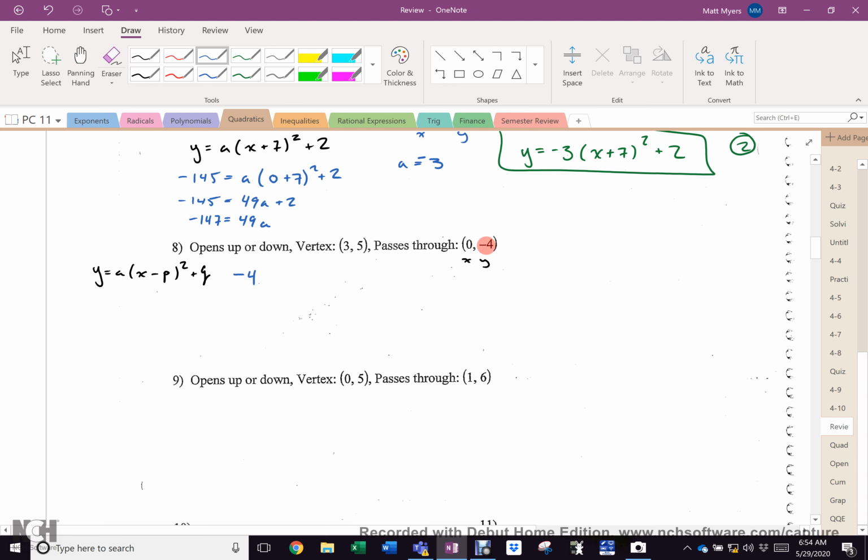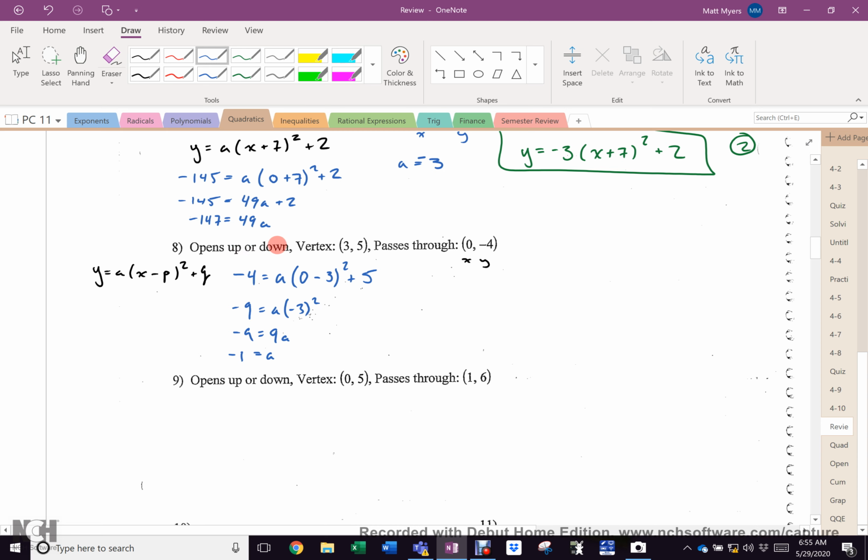Negative 4, because that's y, equals a, x is 0, minus the vertex 3, squared, plus the other vertex, 5. Bring the 5 over, it becomes negative. Negative 9 equals a times negative 3 squared. Negative 9 equals 9a, because negative squared is positive. A equals negative 1. So since a is negative 1, this opens.